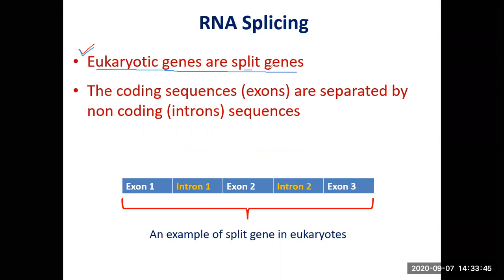What is meant by split genes? That means in eukaryotes, the coding sequences, they are called exons. Coding sequences are separated by non-coding sequences. And those non-coding sequences are called introns. That is what is meant by split genes.